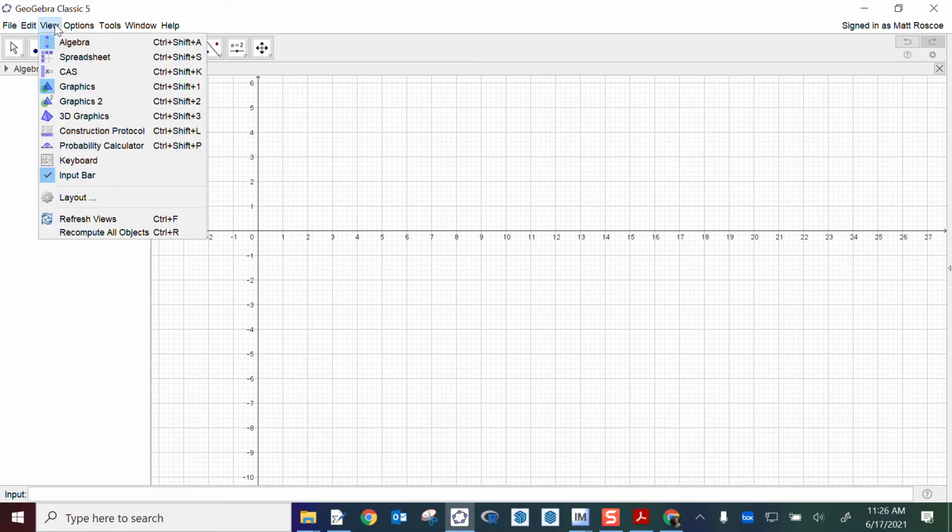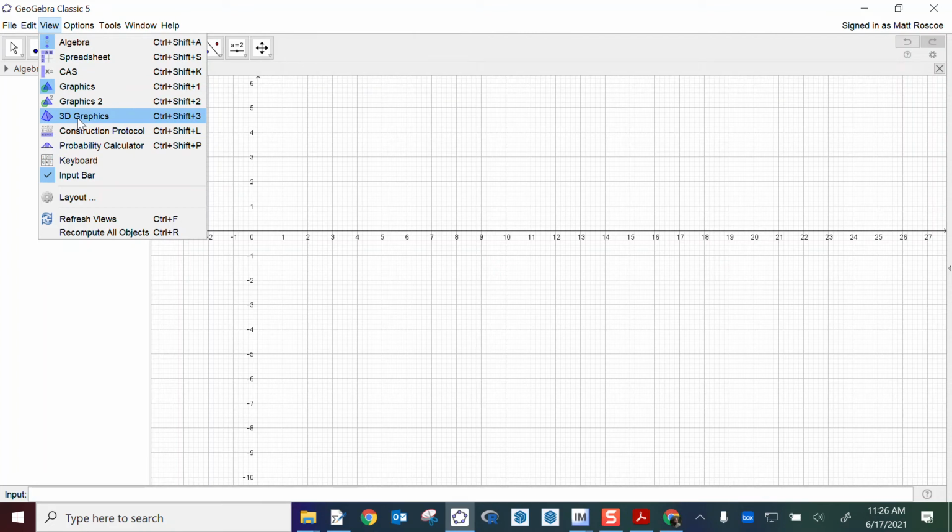Here is the views. You can see that we have algebra and graphics view put up here, but you should be made aware that this also has a spreadsheet view. You can use this like Excel, and that spreadsheet can interact with the graphics view, so you can plot those points and whatnot. It also has a computer algebra system if you're into that sort of thing.